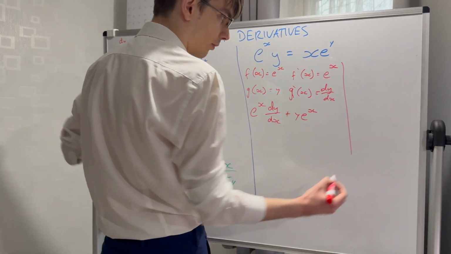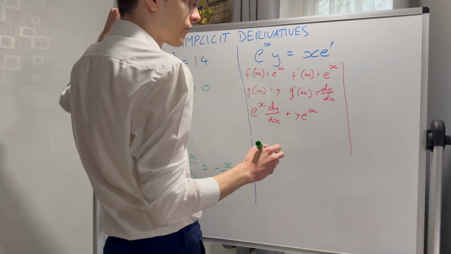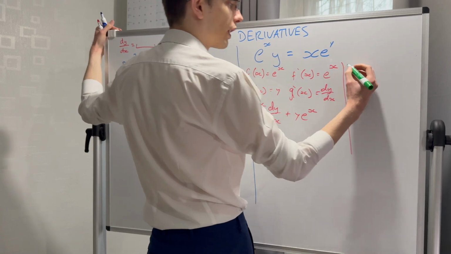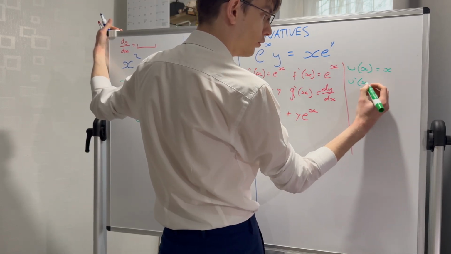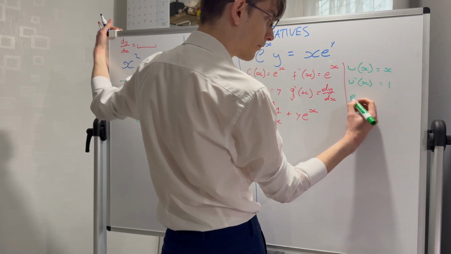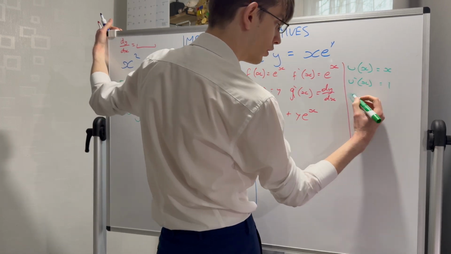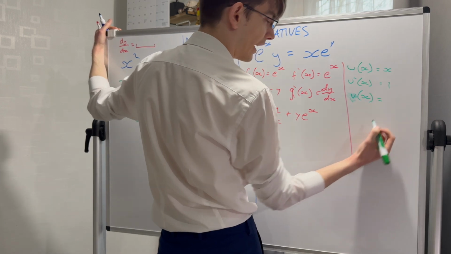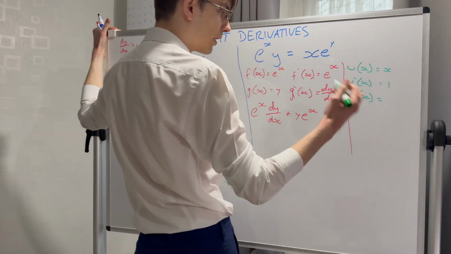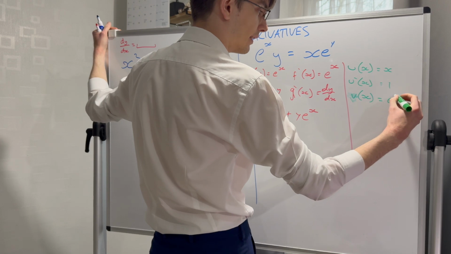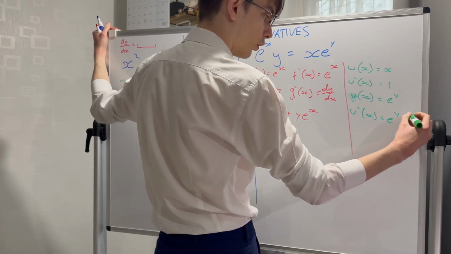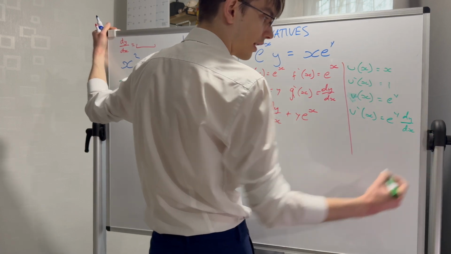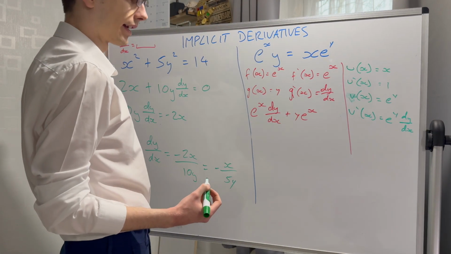Right-hand side, I wonder if I can squeeze it over here. Let's use some different letters so I'm not getting confused. Let's say u of x is equal to x, so u prime of x is equal to 1. And then let's say v of x is e to the y, and v prime of x is then also e to the y, adding our clarifier, that's dy by dx.